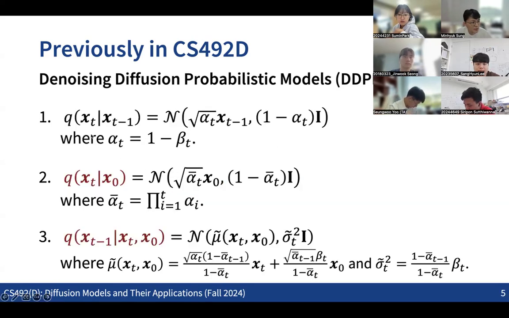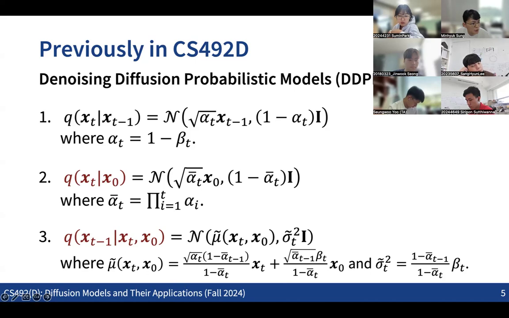Once we define the forward transitional distribution in this way, we can also derive two other conditional distributions. The first is the forward jump, sampling xt directly from the data point x0, which is another Gaussian distribution. And the conditional distribution of sampling xt-1 conditioned on xt and x0 is also a Gaussian distribution of this specific form.